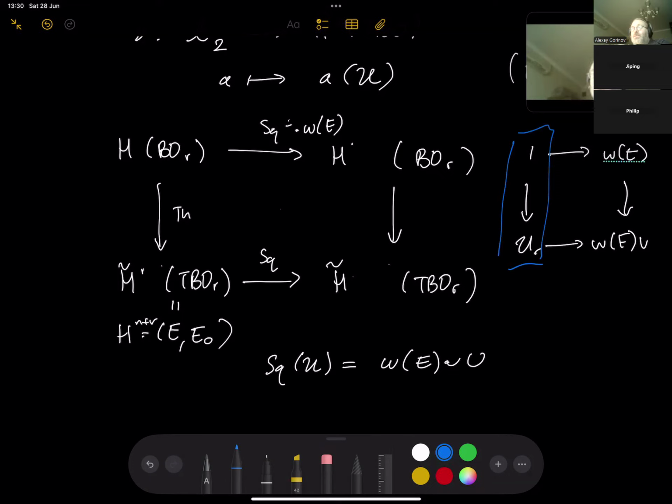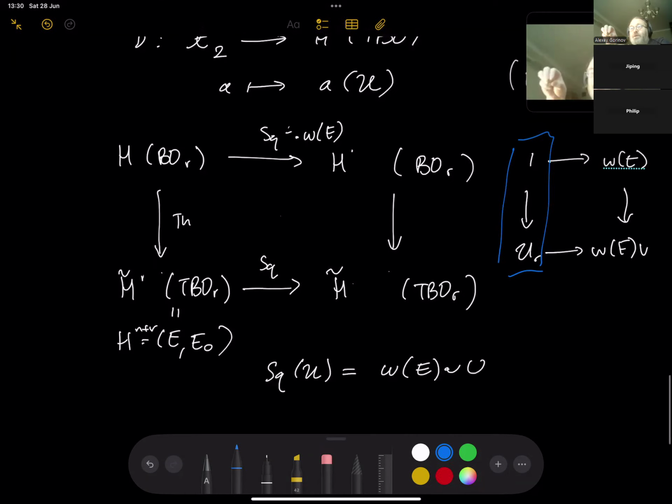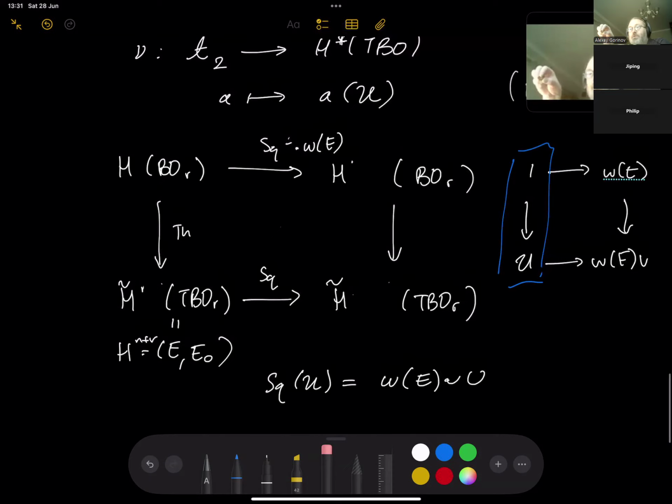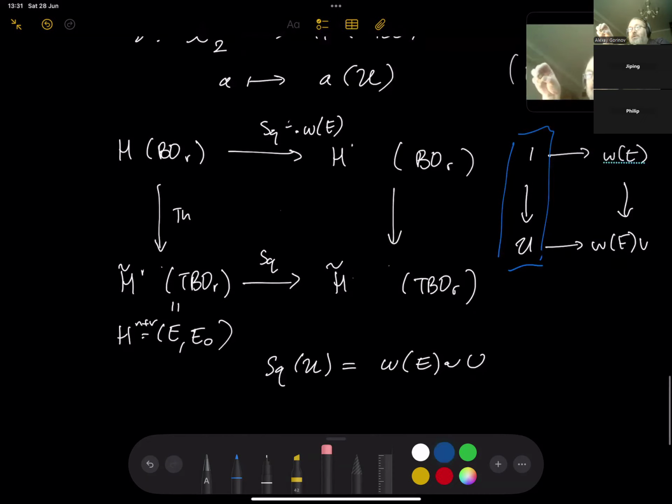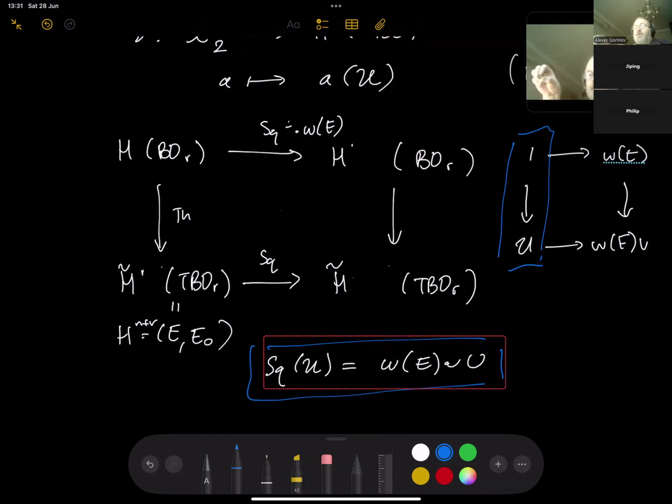Under this map 1 goes to U, and the modified diagram commutes. SQ of U is the same as what we have in the bottom right place. Jiping, does any of it make sense? Yeah, it makes sense.